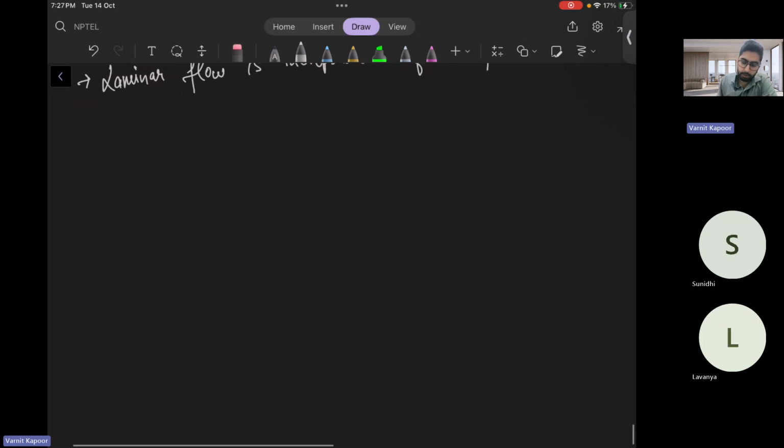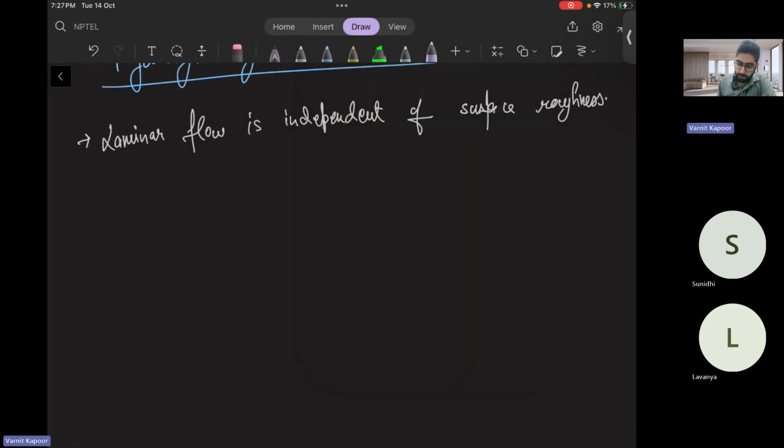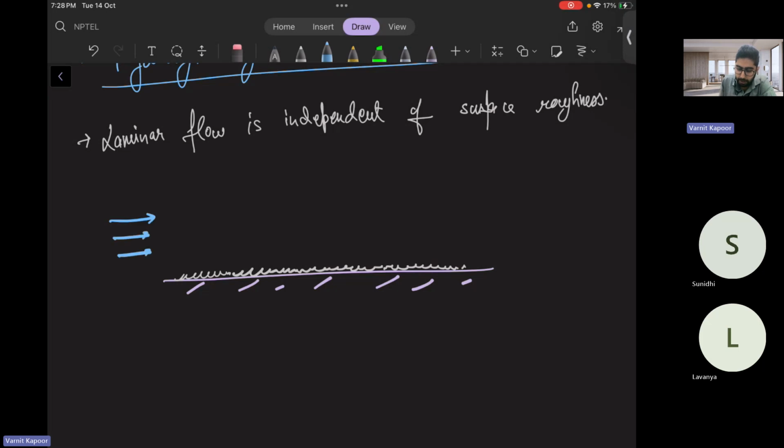Why? Let us see. Suppose I have a plate like this. Assume that it has some roughness over it, some small grooves are there, and the flow is coming with the mean stream velocity.